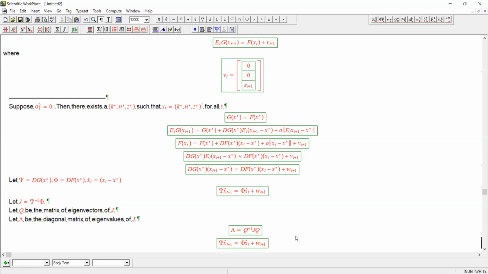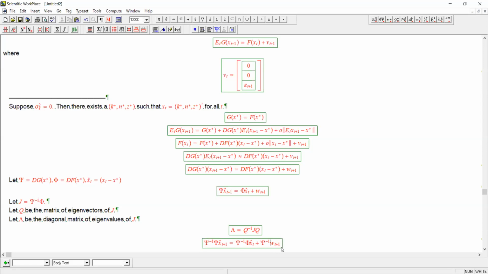in a way that's going to help us solve our model completely, at least in an approximation close to X star. First, pre-multiply both sides of this equation by the inverse of psi. Let's do that there, here, and here.